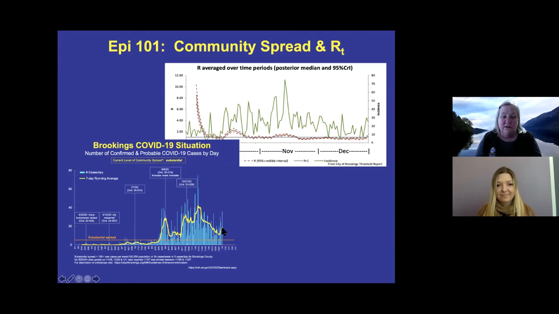So we need to get this yellow line, which is the 7-day running average of new cases, down below this orange line that defines substantial spread. And ideally, we want to be in minimal community spread with an RT of less than 1. That's our goal. That's the city's goal and everyone's goal should be.